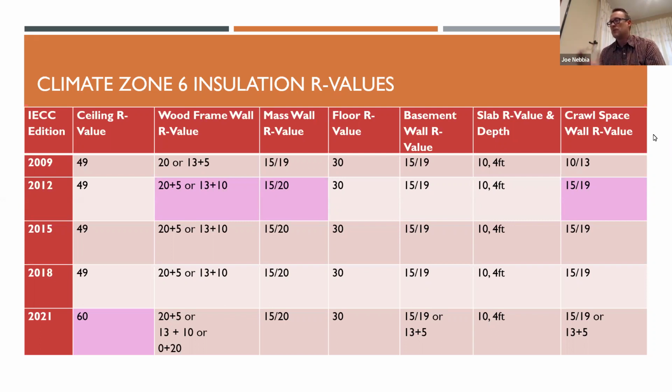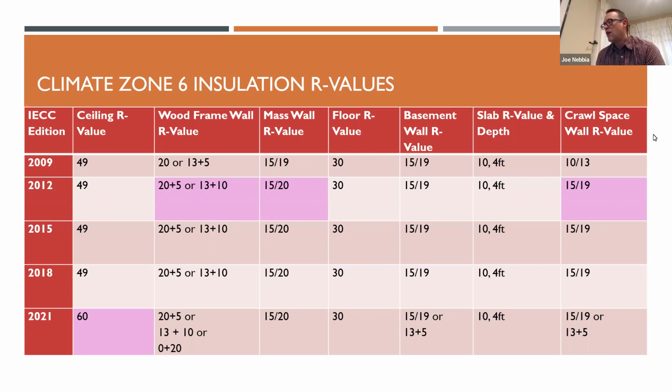The 15 could be continuous, could be a blanket, it could be rigid foam, anything like that in the basement. And then in 2021, there was actually an additional option added here, which is 13 plus 5. So that's a combination of continuous and cavity. Again, R13 cavity insulation plus 5 continuous insulation.